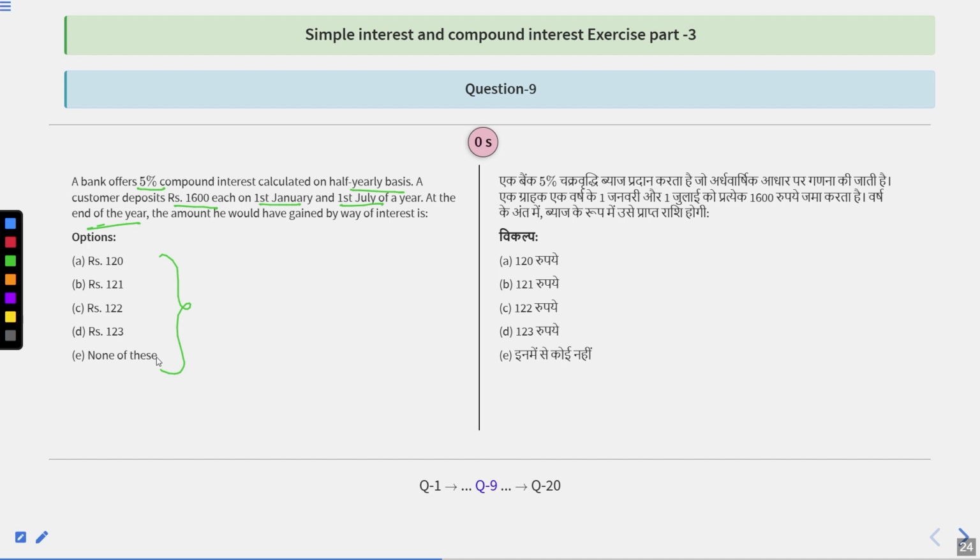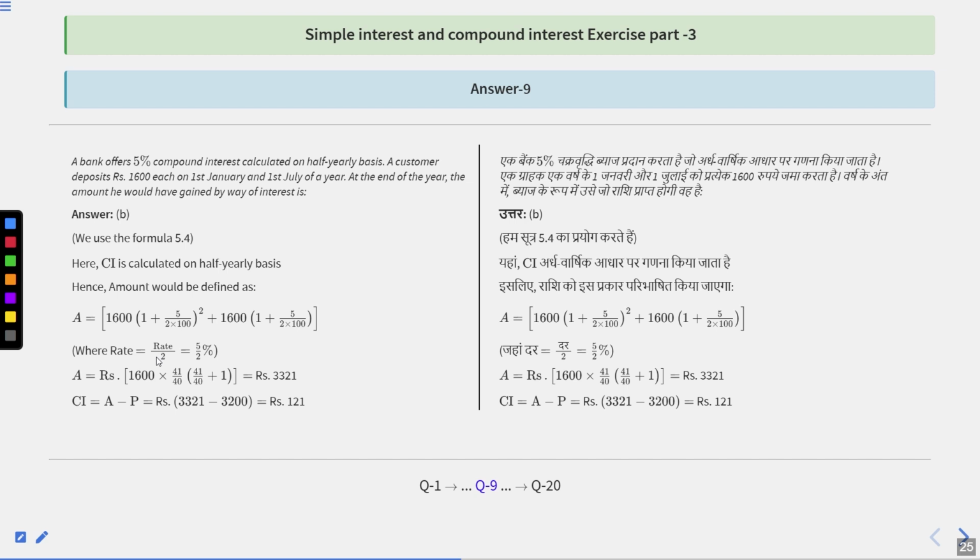Now time's up. Let's see the solution. Here compound interest is calculated on a half-yearly basis. It means the rate of interest will be halved and the time will be doubled. We use the formula: amount equals principal into 1 plus r upon 100, to the power n.